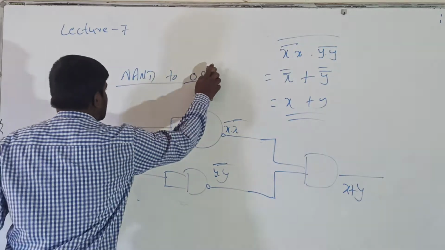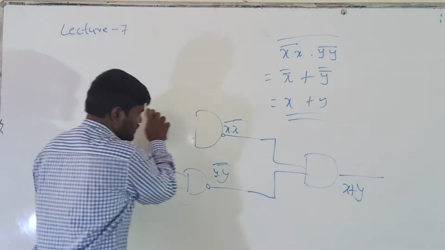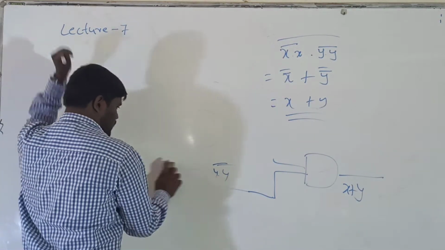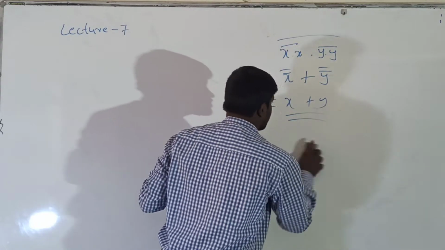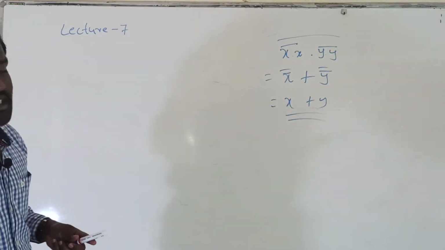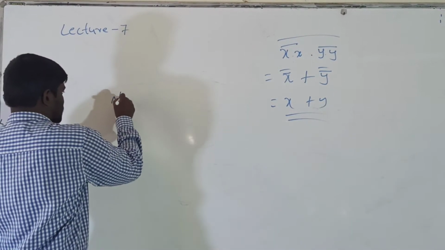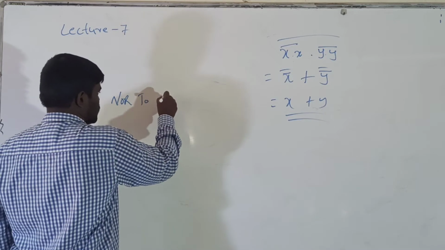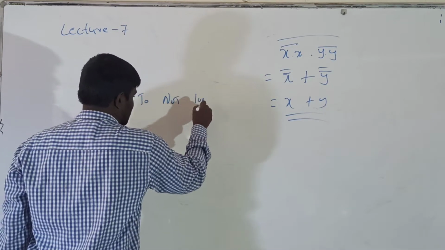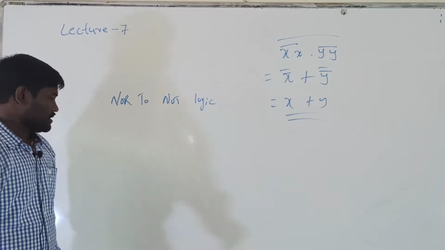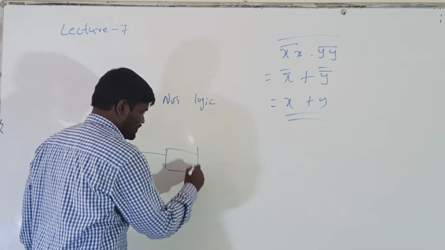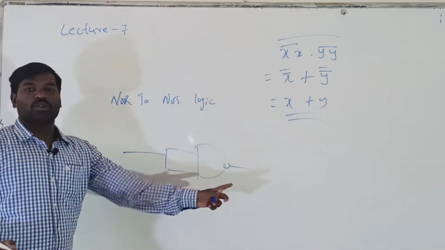Next is NOR gate. NOR means not of OR gate. Again same procedure. First one, NOR to NOT logic. Simple. See here, so this is the NAND to NOT.